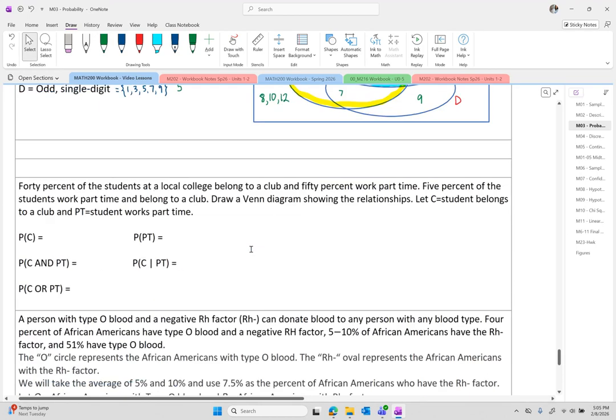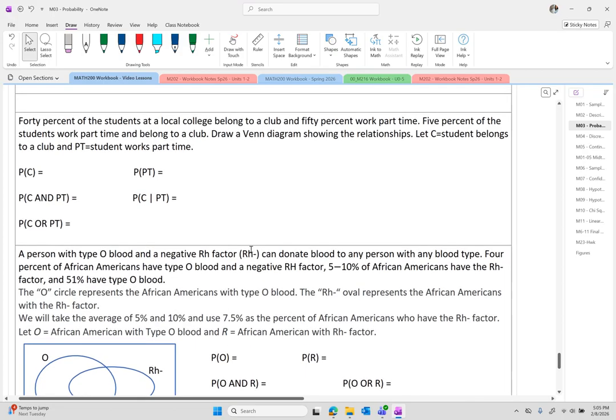Another way that Venn diagrams can be helpful is to visualize a word problem. In this scenario, we have students at a local college, 40% of whom belong to a club and 50% work part-time. 5% of the students work part-time and belong to a club.